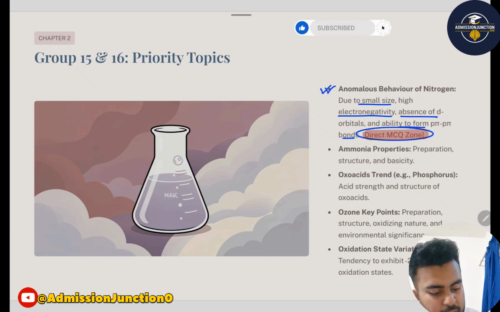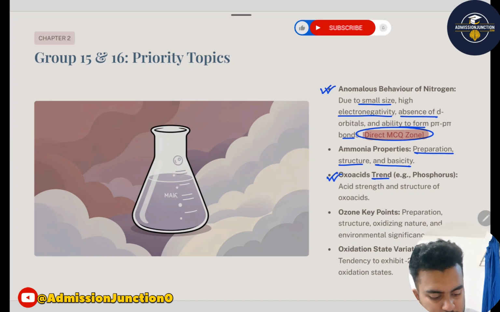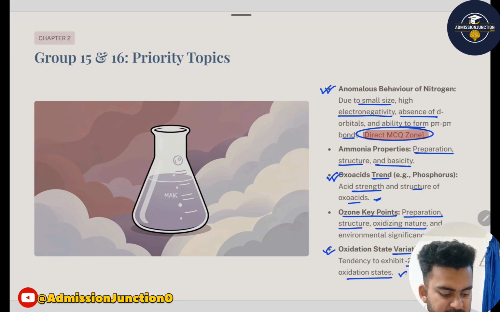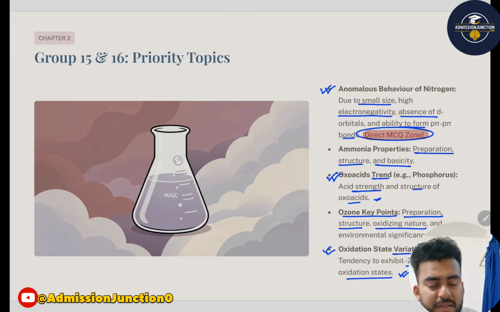Then the ammonia properties: preparation, structure and basicity. Oxoacid trend, that is phosphorus example, acid strength and structure of oxoacids. Ozone key points: preparation, structure, oxidizing nature, and oxidation state variation, that is -2, +2, +4, +6 oxidation states. So all these are the core concepts जो तुम्हें लगेगा for your NEET exam MCQs.